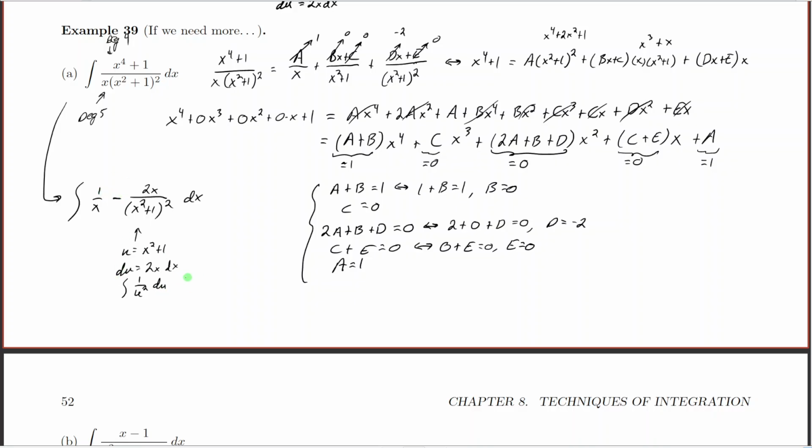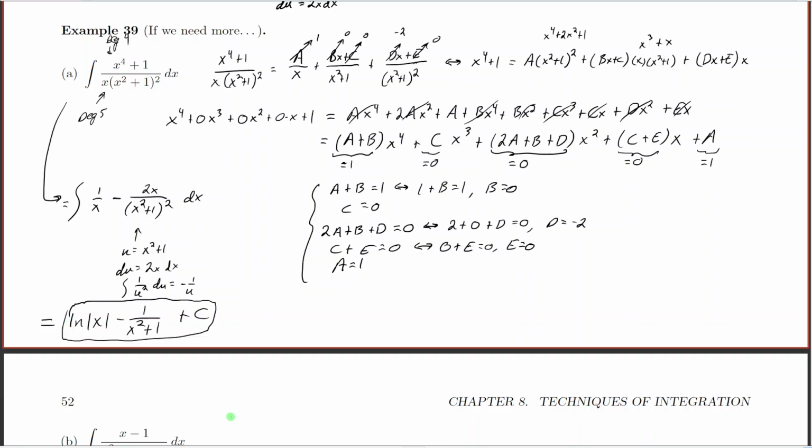So we're going to end up with negative 1 over u. So I'm going to put that into the final answer here: natural log absolute value of x minus 1 over x squared plus 1, and then a plus c to cover everything. And that's our final answer.